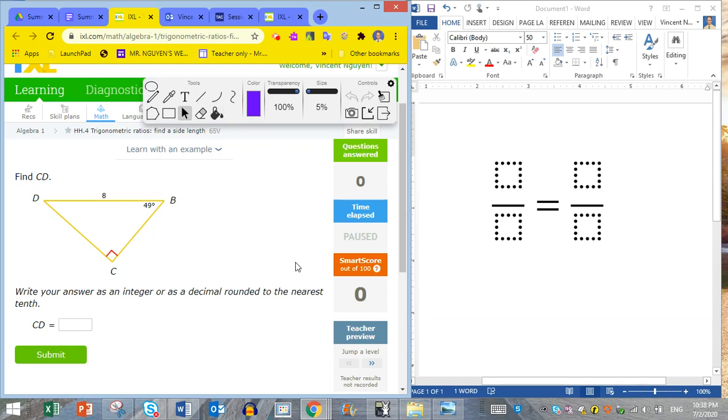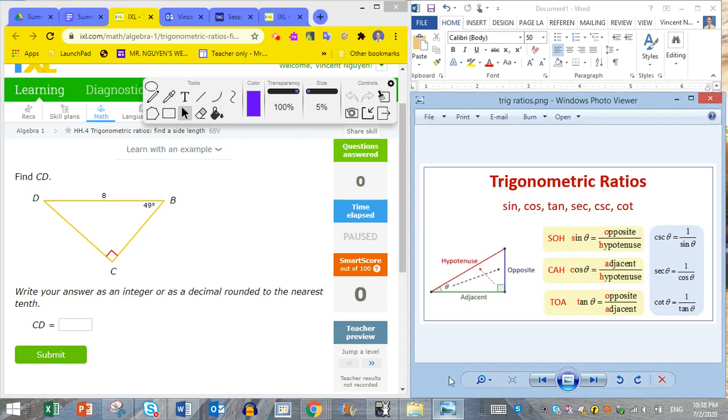Today we're going to be using IXL to do some trigonometry ratios to find the side length of a right triangle. So let's review those three basic trig functions real quick. We have sine, cosine, and tangent.